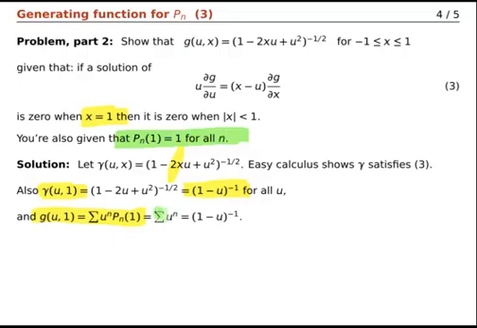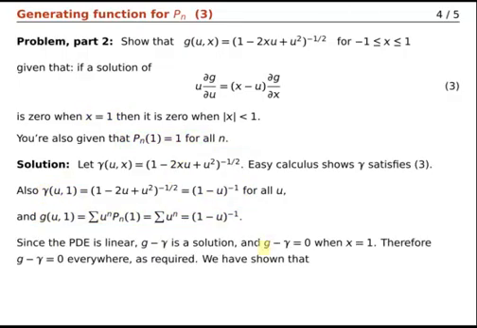So this is just the sum of u to the n, which is again the sum of a geometric progression which equals 1 minus u to the minus 1. Therefore, we've shown that g and gamma take the same value at x equals 1. And therefore, g minus gamma is 0 when x equals 1.